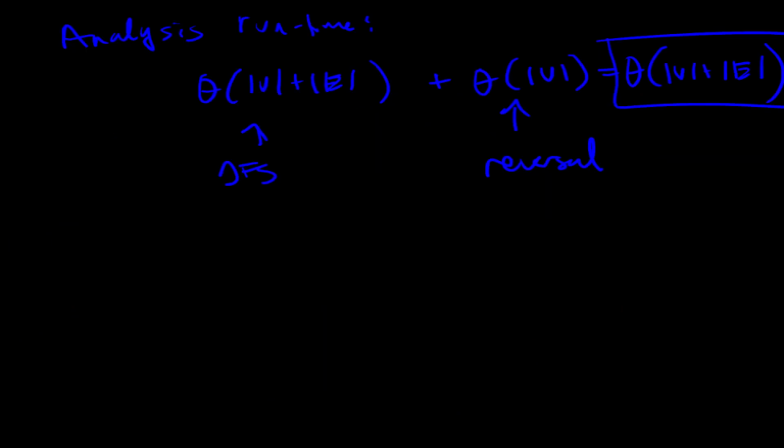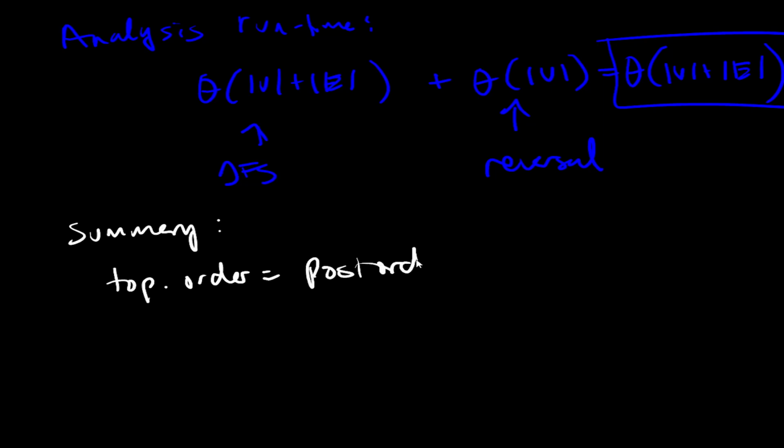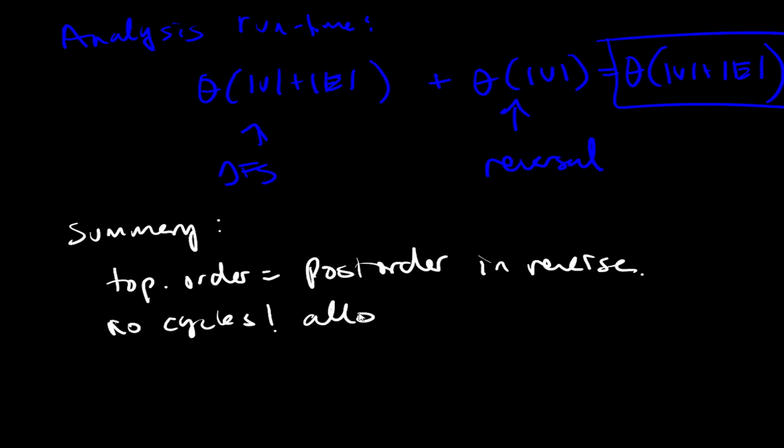So in summary, topological order equals post-order in reverse. And because of that, it has the same runtime as DFS. No cycles allowed, because that just doesn't make sense, and it would break the algorithm anyway.